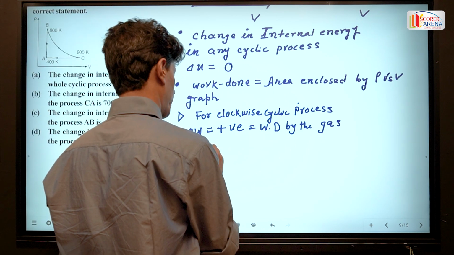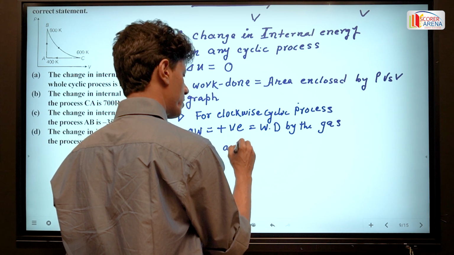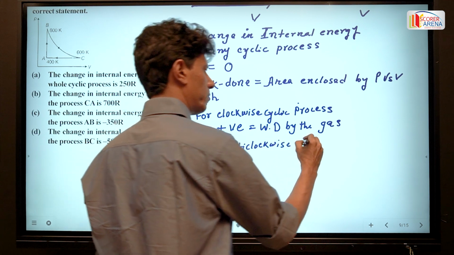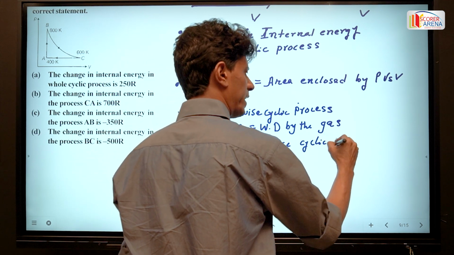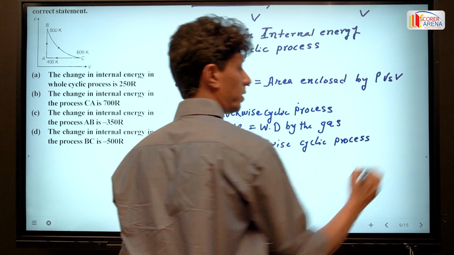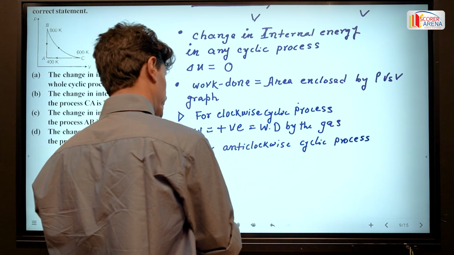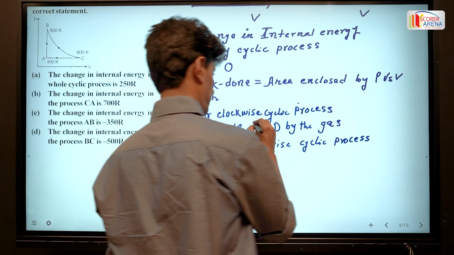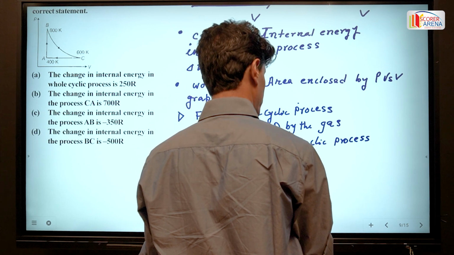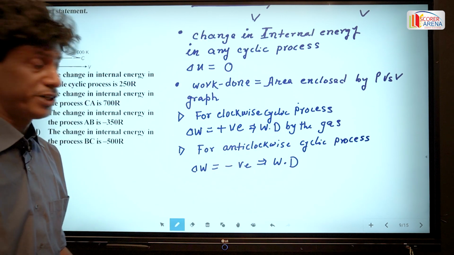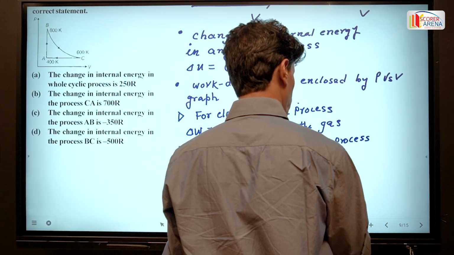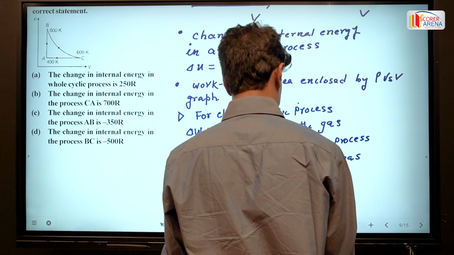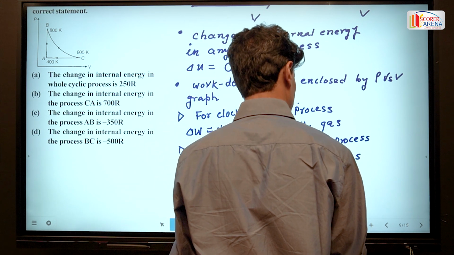And for an anticlockwise cyclic process, work done is taken negative. That is, work done as per the convention on the gas. Normally here the gas is compressed actually.